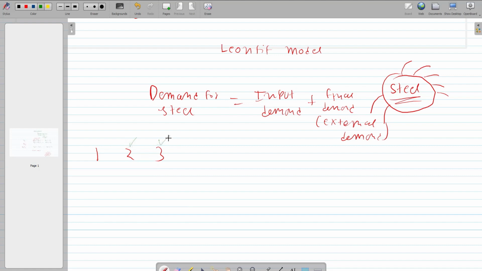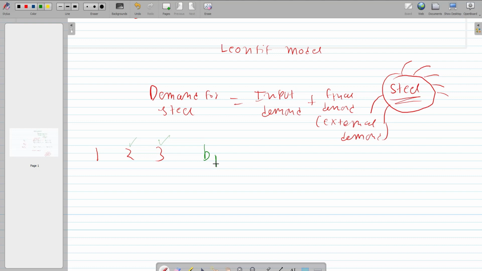There will maybe be some external demand also for good one, which I'll say is b1. So when the producer is producing good one, they will keep in mind that their own industry will need some quantity of good one. Industry 2 will also ask for some quantity of good one.